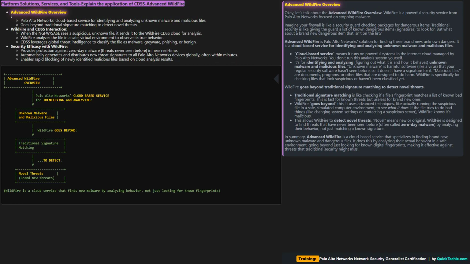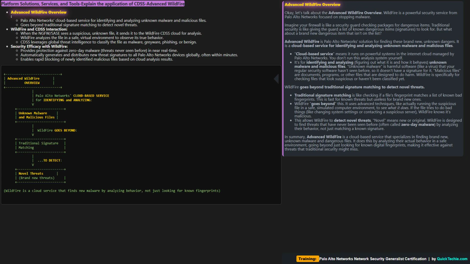It is a cloud-based service for identifying and analyzing unknown malware and malicious files. Cloud-based service means it runs on powerful systems in the Internet cloud managed by Palo Alto Networks. You don't run this analysis system yourself. It's for identifying and analyzing, figuring out what it is and how it behaves, unknown malware and malicious files.